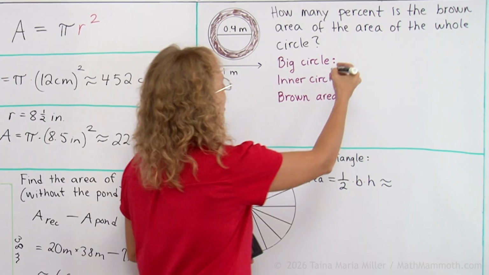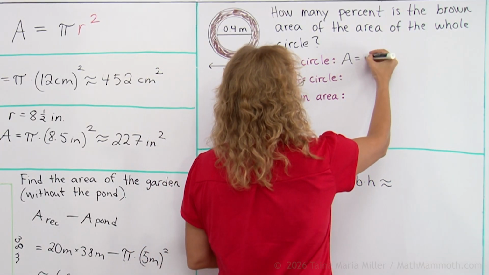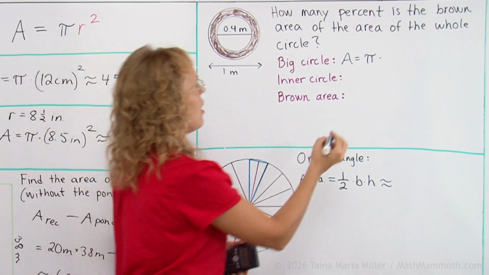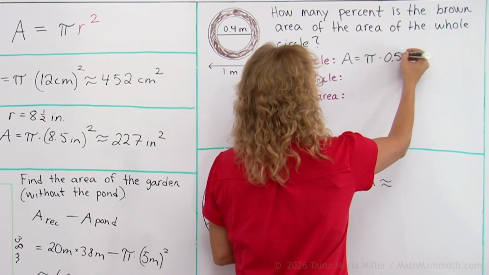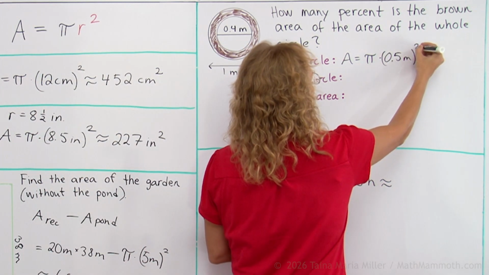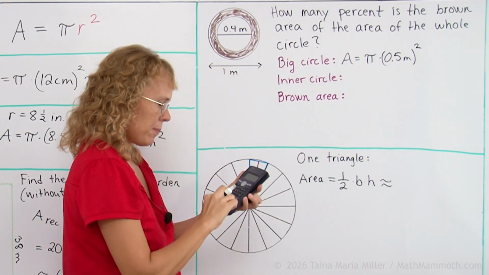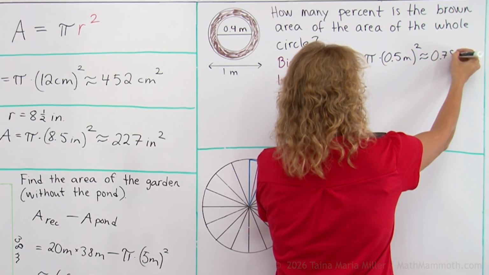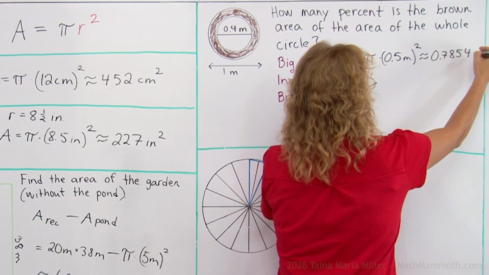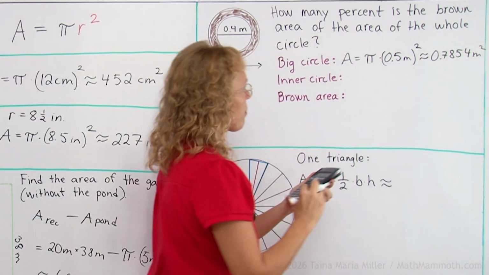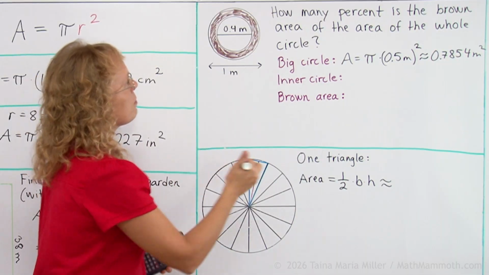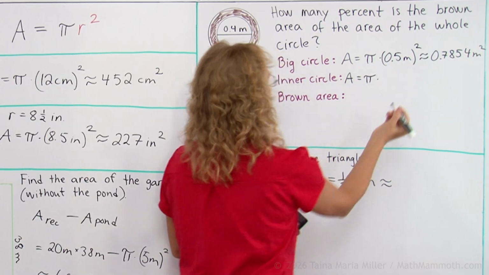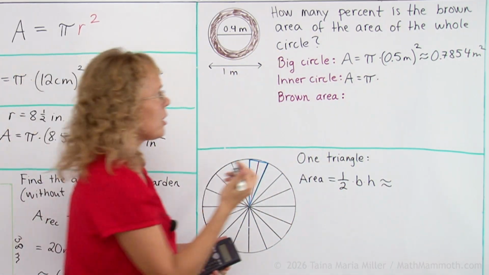Okay, it would have the area of pi times r, radius. The radius is now half a meter squared. So that would be about 0.7854 square meters. Inner circle, its area would be pi times radius, which is now 0.2 meters squared.